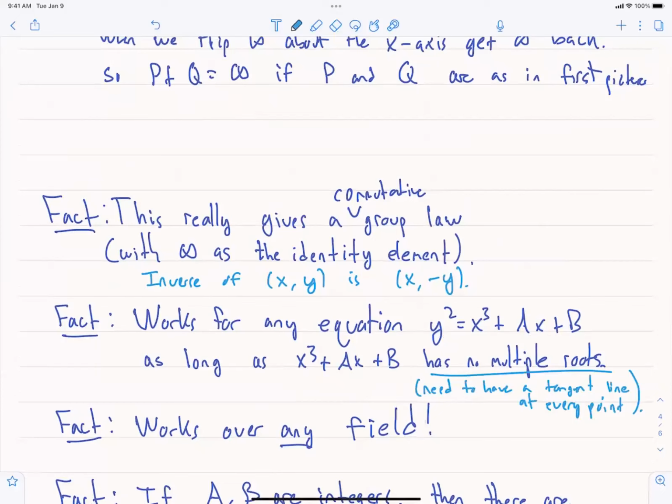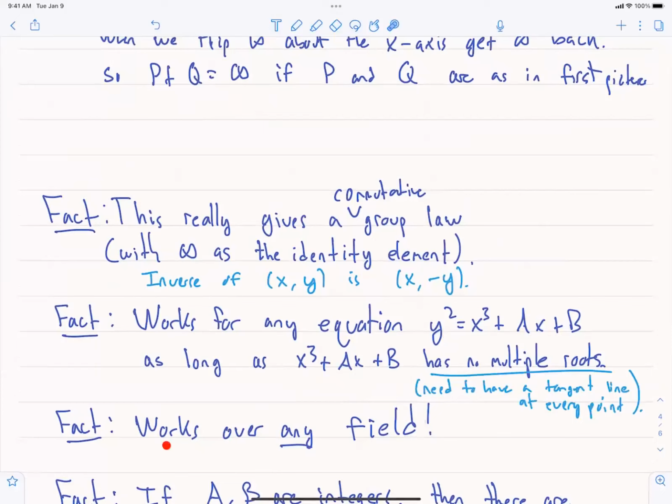If this equation had a multiple root, then the description we gave of the group law would break down exactly when we talk about adding a point to itself, because we wouldn't be able to take the tangent line. Something else amazing is that I was looking at the picture of the real numbers, real solutions to this equation.